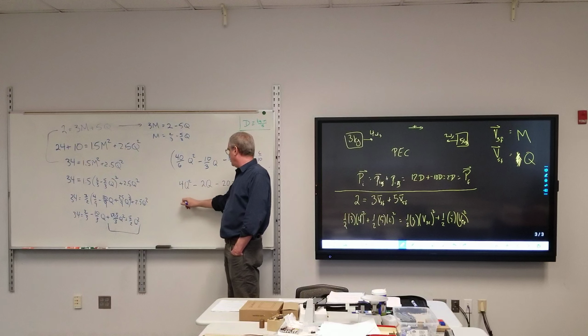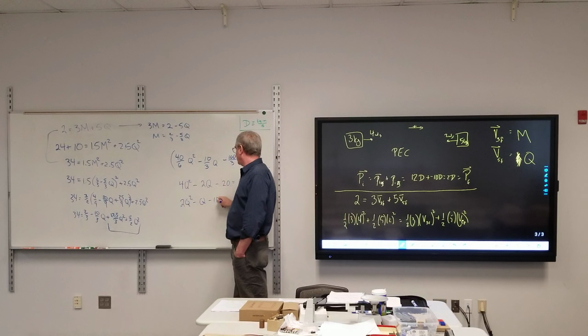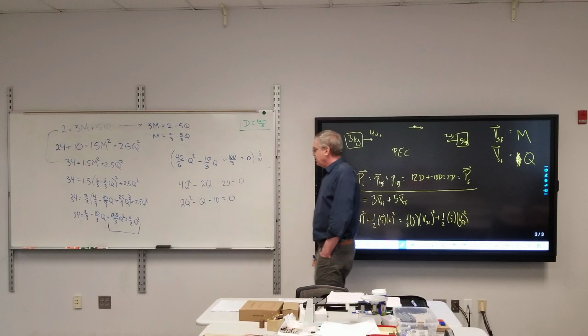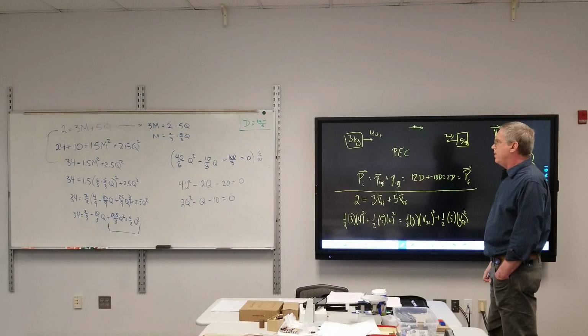We can simplify it one more step. 2q squared minus q minus 10 equals 0. That's 20, there's 5, okay. That's 10 more than that. All right, I'm feeling like that's right.